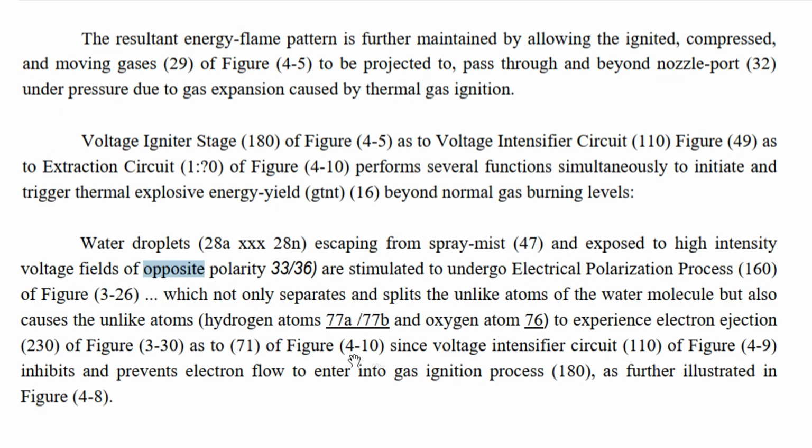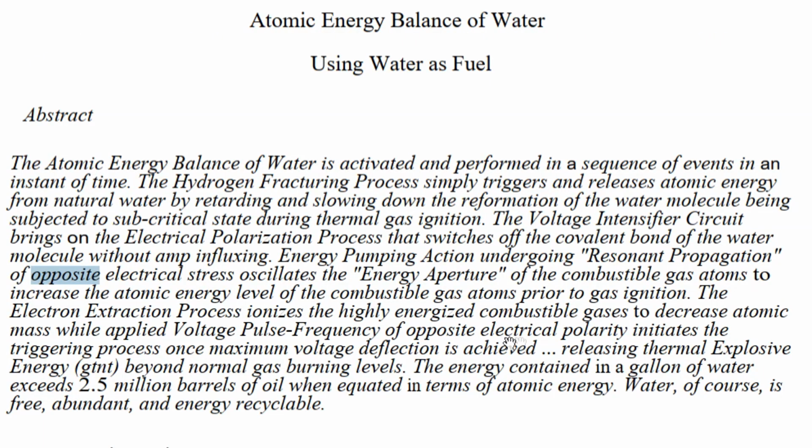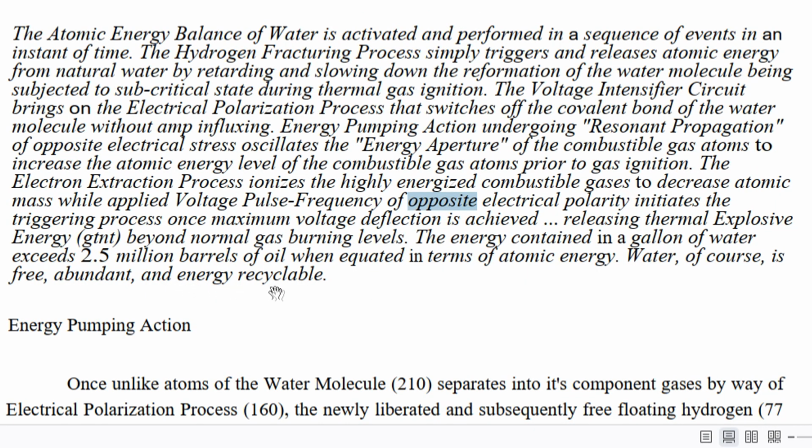Water droplets escaping from spray mist are exposed to a high intensity voltage field of opposite polarity. Energy pumping action undergoing resonant propagation of opposite electrical stress oscillates the energy aperture. The electron extraction process ionizes the highly energized combustible gases to decrease atomic mass, while applied voltage pulse frequency of opposite electrical polarity initiates the triggering process.